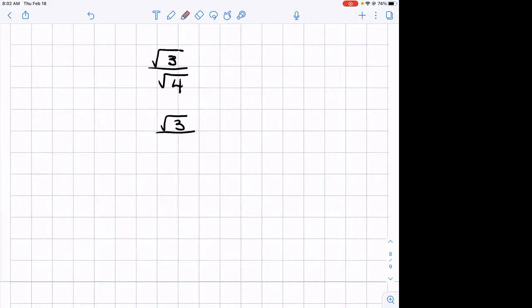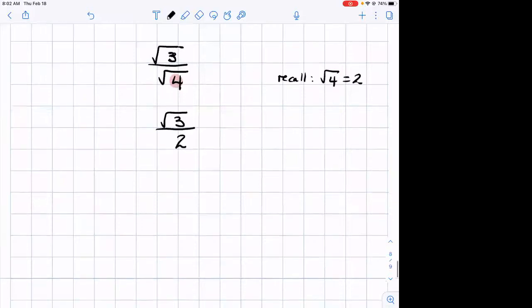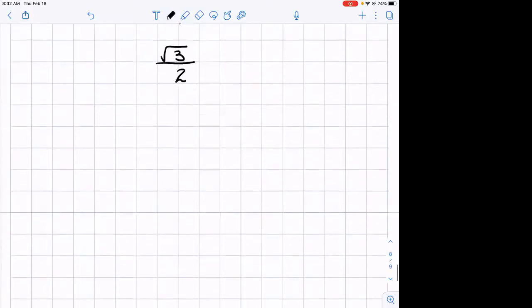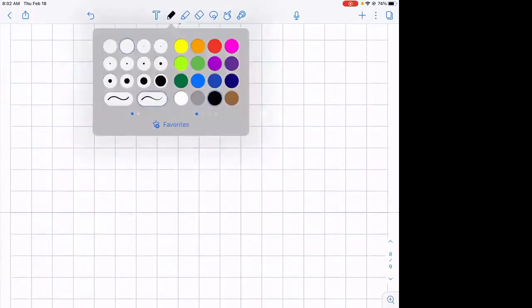But notice that 4 is a perfect square, and the square root of 4 is 2. So you can separate them and simplify, and this will work even when you don't know the radicals.